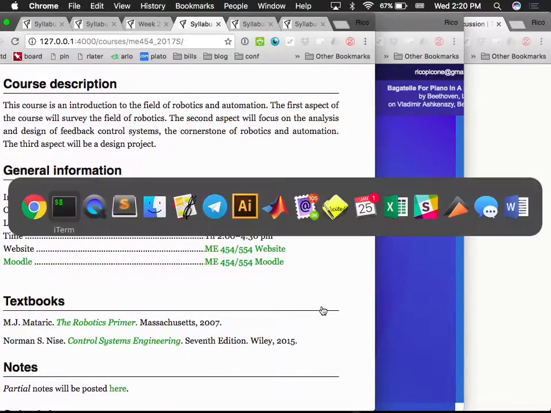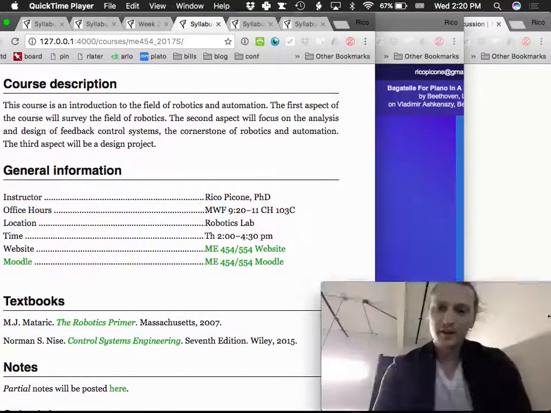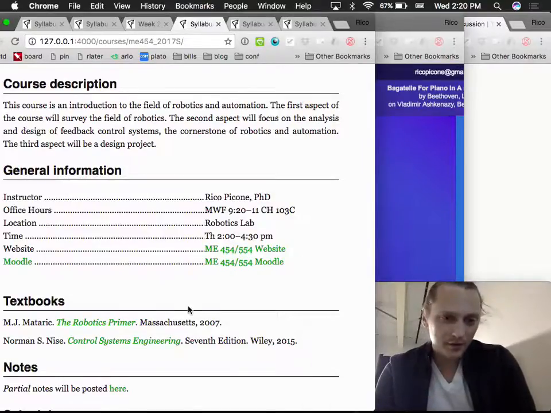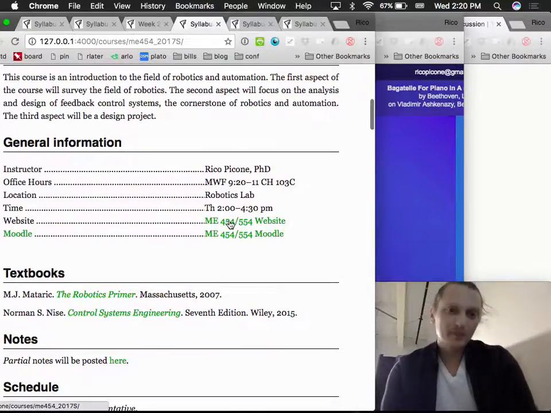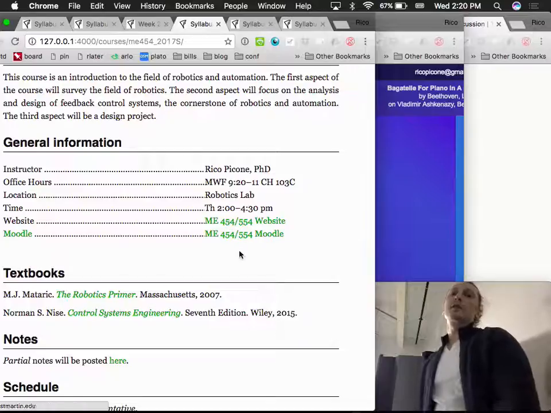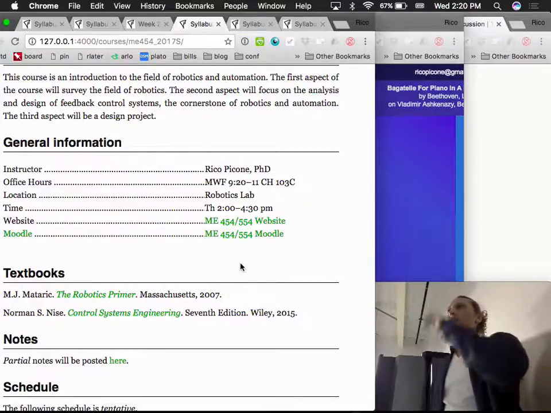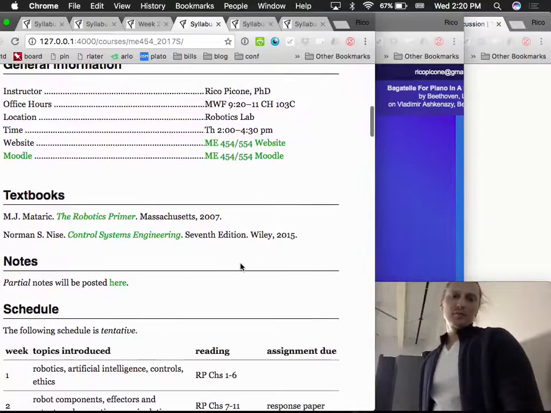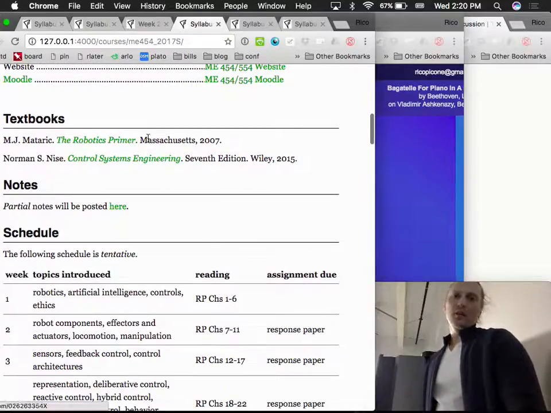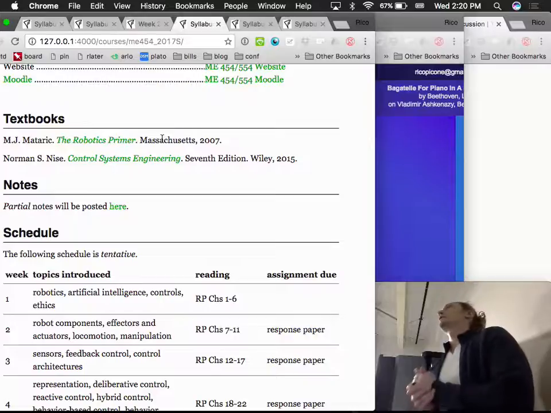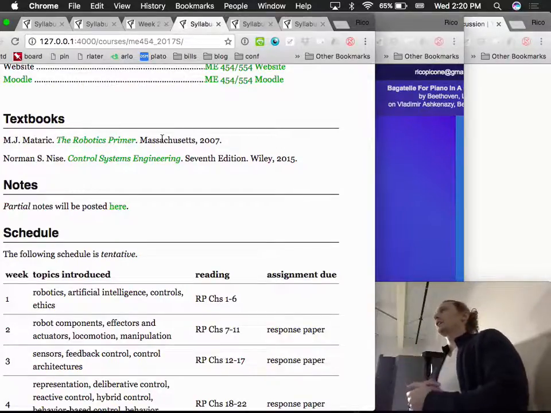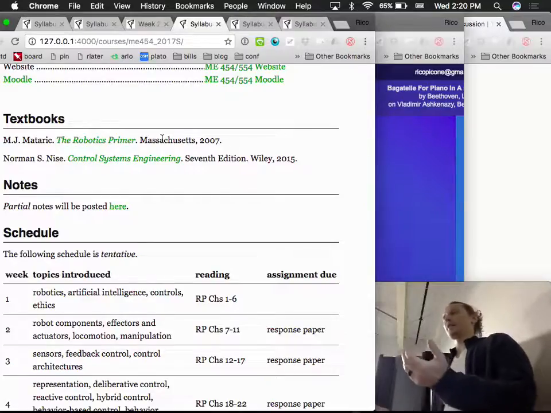So now we have my office hours, 9:20 to 11, Monday, Wednesday, Friday, or by appointment. This book, we'll talk about Slack in a moment, but if you're on Slack, you will find that there's a PDF of this book there.